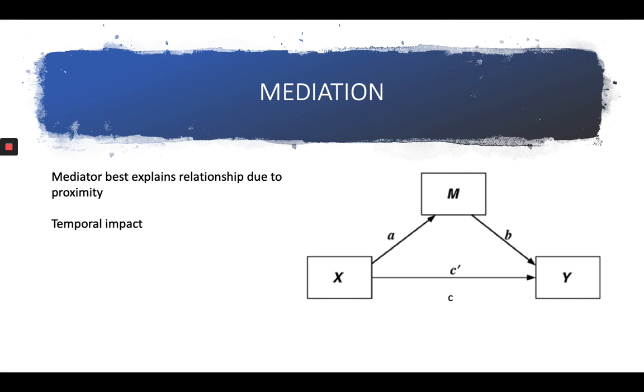So as you can see here, C' shows the partial effect with the mediator, and then you would also be looking at the direct effect here. We'll be looking specifically at the difference between the direct effect and the partial effect when you include the mediator versus not.